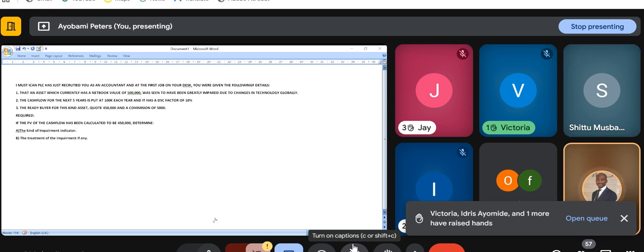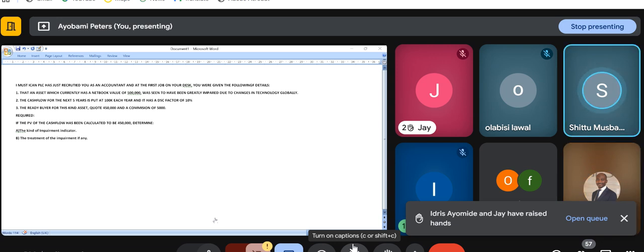What is the type of indicator? I said external indicator, sir, due to technology change. What kind of indicator is that?